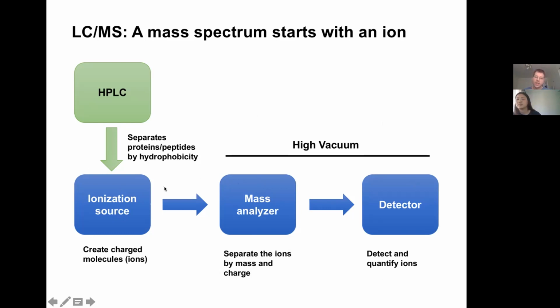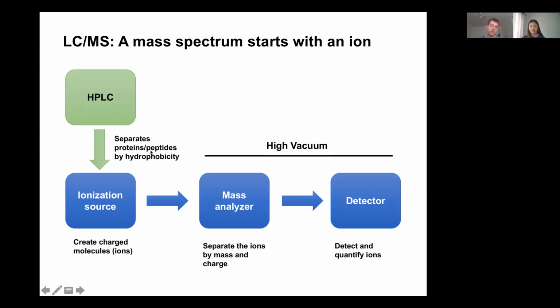And one thing that I have kept hidden from you is that I told you we feed in a liquid of interest, but one really critical part to all of this is to have an HPLC. This is a high pressure liquid chromatography upstream of the mass spec. What this does is it allows you to separate proteins and or peptides by hydrophobicity by doing reverse phase chromatography.